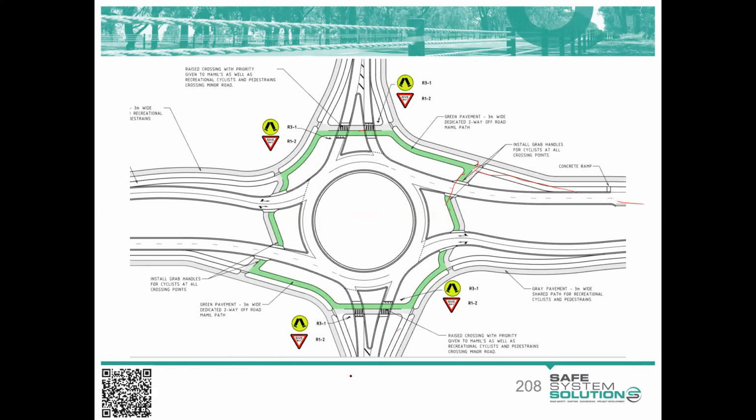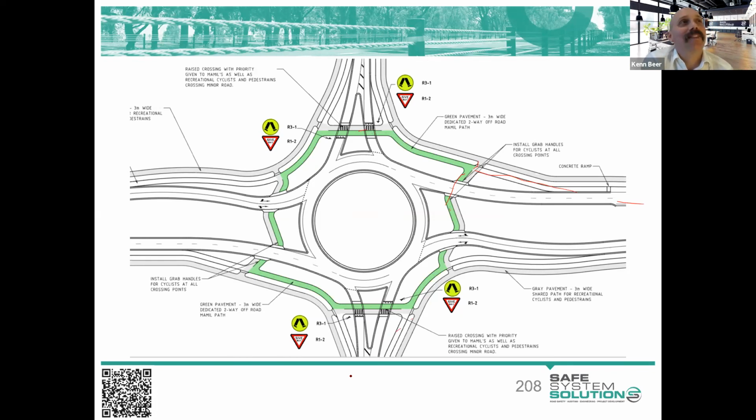a challenge, and I suppose that's an example that not all cyclists are the same, are they? And you've got to be thinking about all these different facilities. Would a mammal use the facility provided here? Debatable. I don't know. Maybe. Would a pack of mammals?